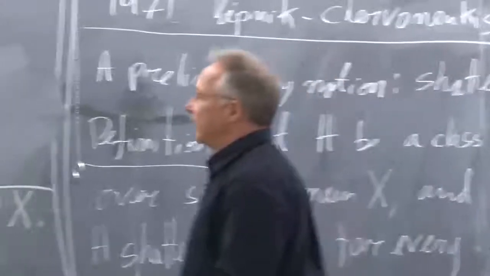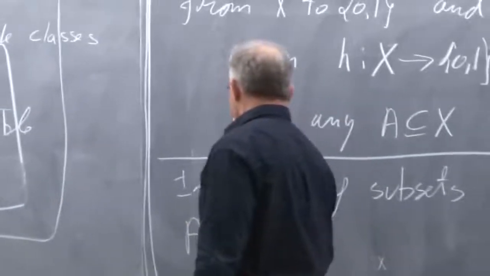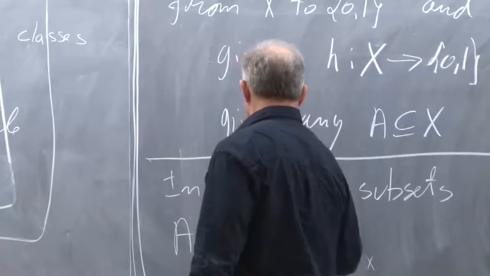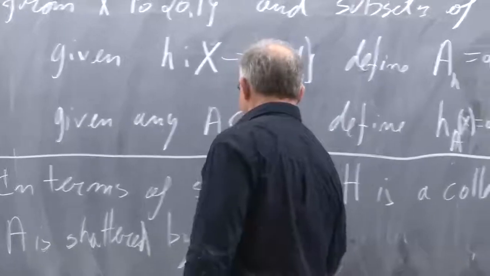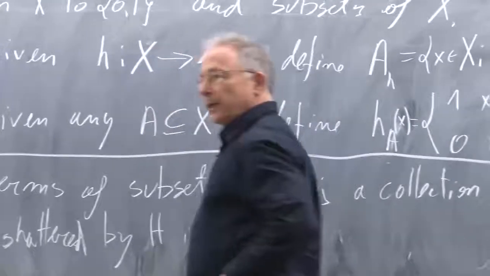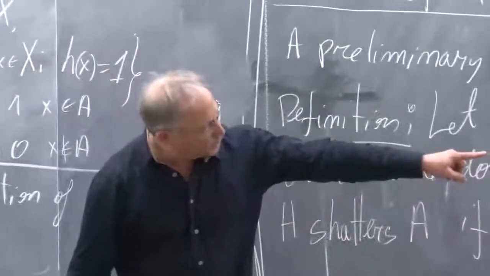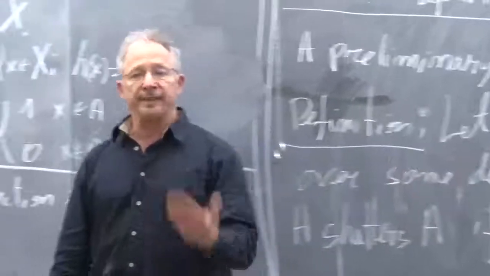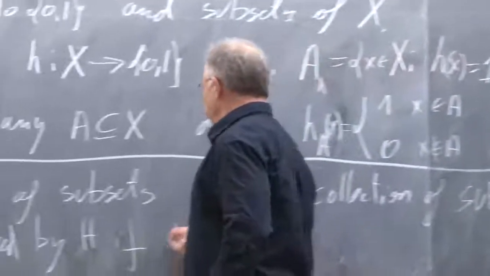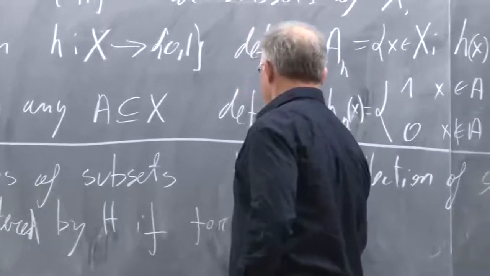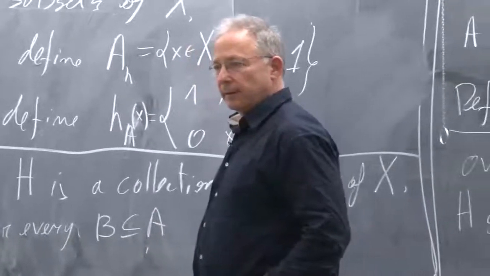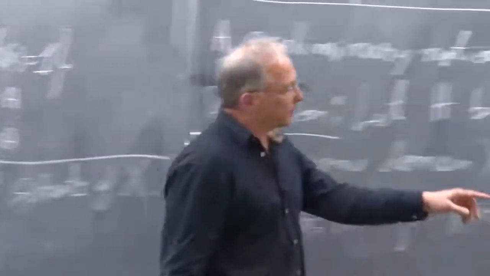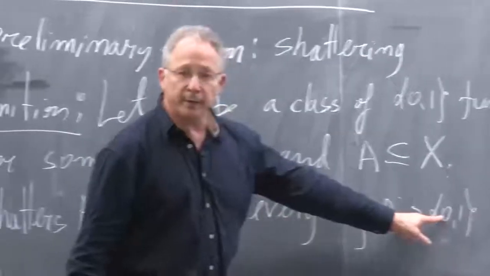And A is shattered by H if, now instead of talking of every function g on A, I talk about every subset of A. For every B subset of A, because a function, here I was talking about a function g from A to 0, 1.